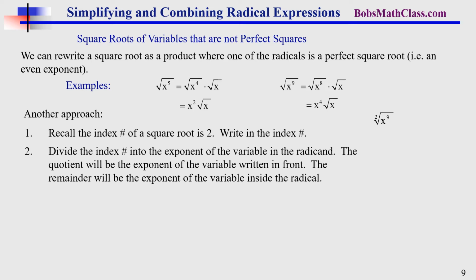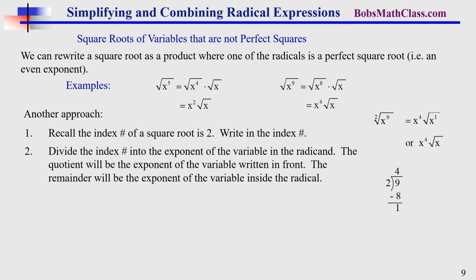Okay, so let's divide 2 into 9. 2 into 9 goes 4 times. 2 times 4 is 8. 9 minus 8 is 1, so our remainder is 1. The quotient is 4. So our answer is x to the fourth, and then x to the 1 inside. So go back and read the directions a little bit if you get kind of confused.